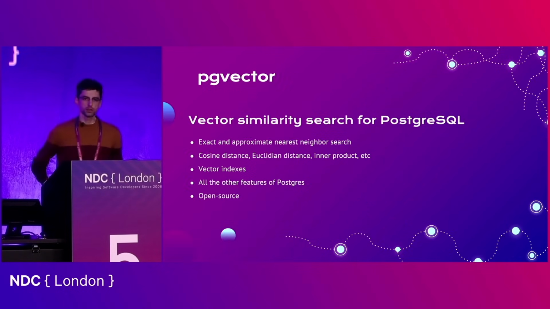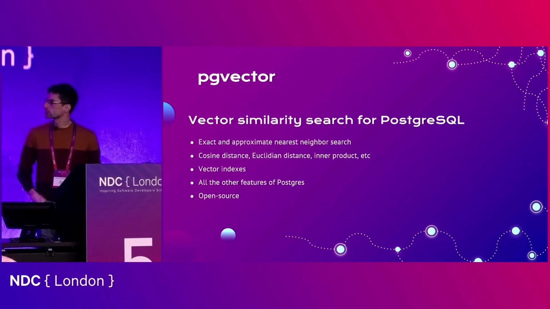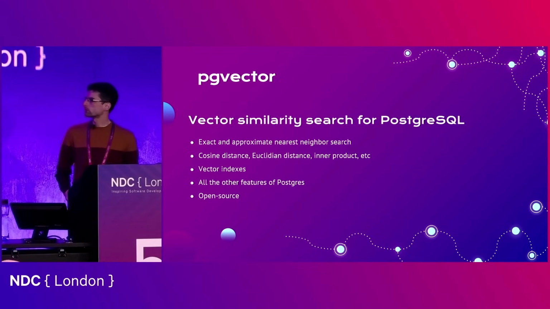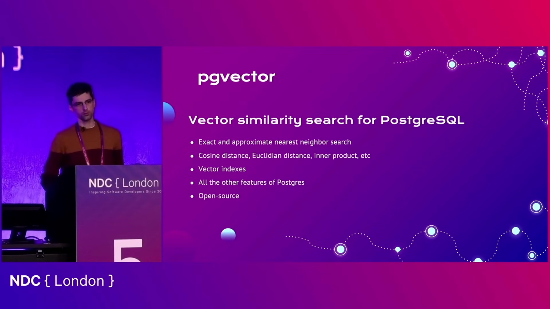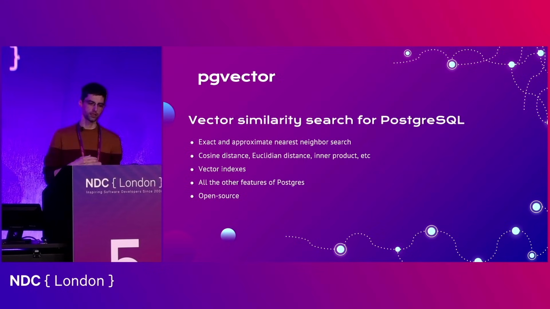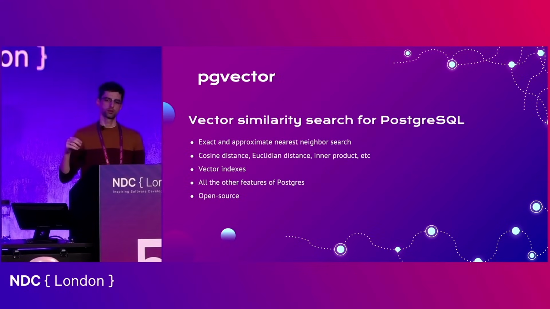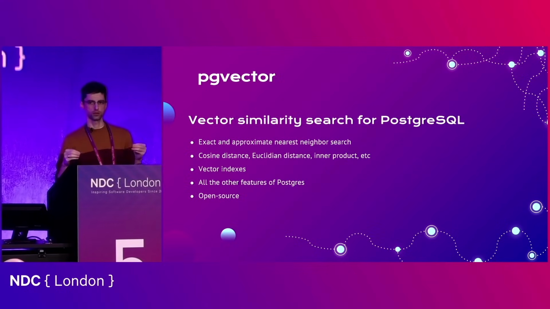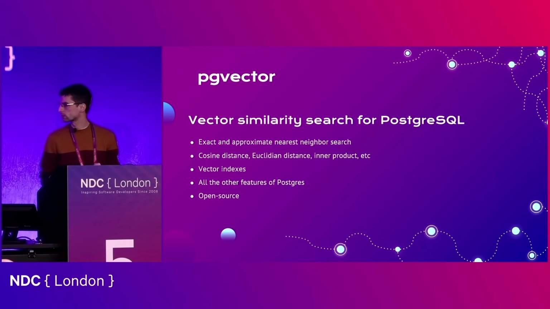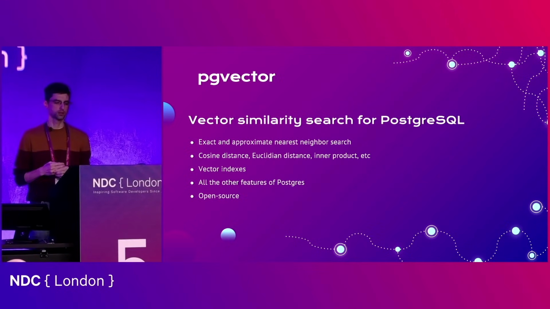So in Postgres, we have an extension called pgvector, which allows us to store vector embeddings in the database. It gives us a dedicated data type, and we can use this data type to store vector embeddings in Postgres.